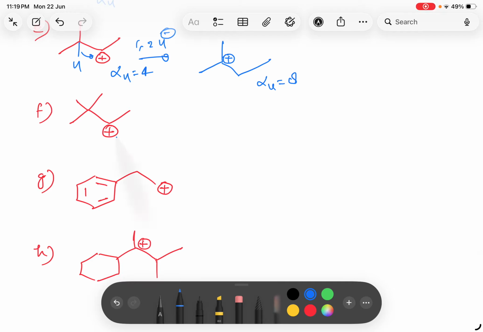In this case, we have 3 alpha H only because this alpha carbon has no hydrogen. So if we shift any of the methyl, alpha H increases, 3, 3, 6 and 1, 7 alpha H. So it would rearrange. This is called a 1,2 methyl shift.